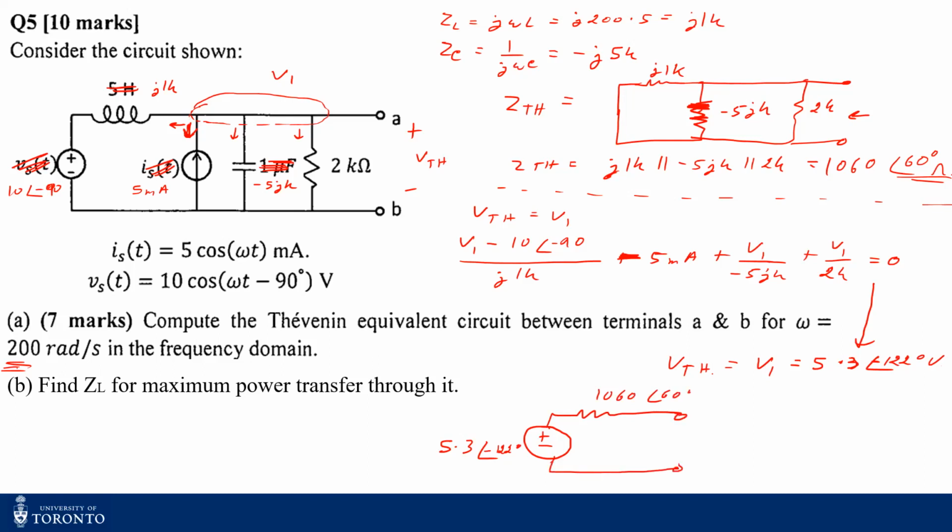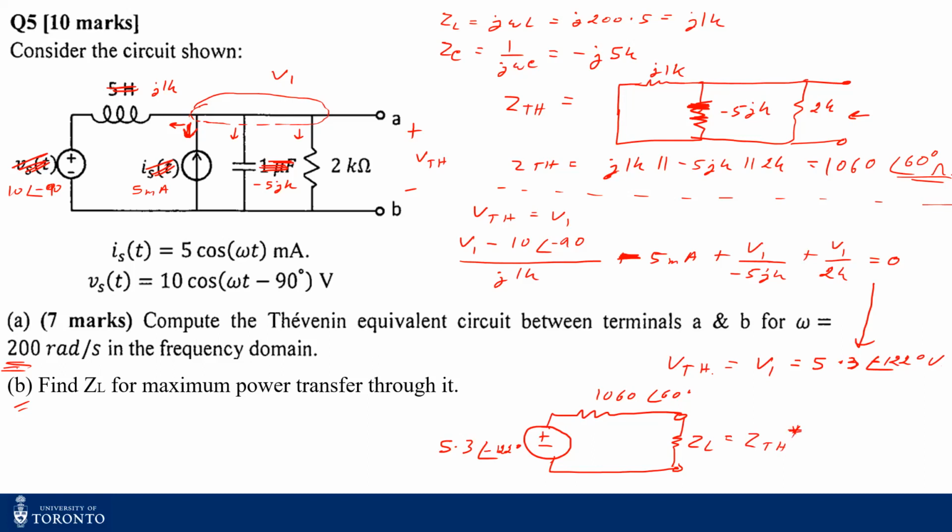Now, for the second part, you are asked to find the ZL for maximum power transfer. Remember, for resistances, it was always R Thevenin equal to RL, and those are real values. But here you have an imaginary part, the reactances. So in this case, your ZL has to be Z Thevenin conjugate.